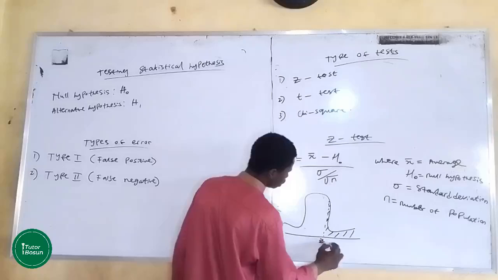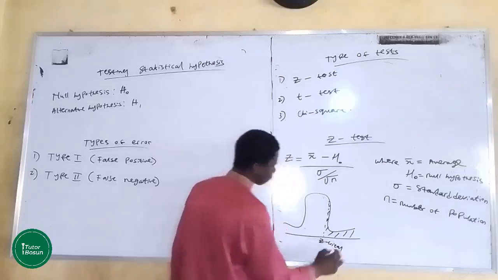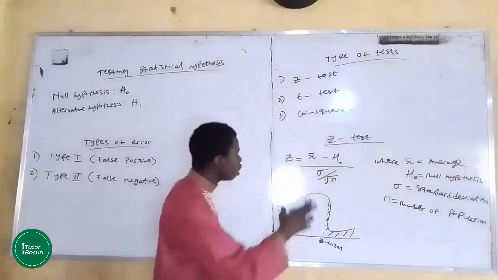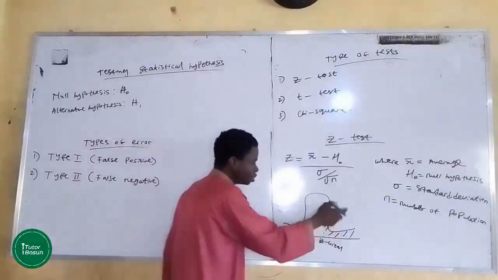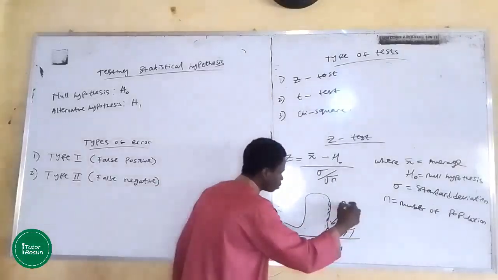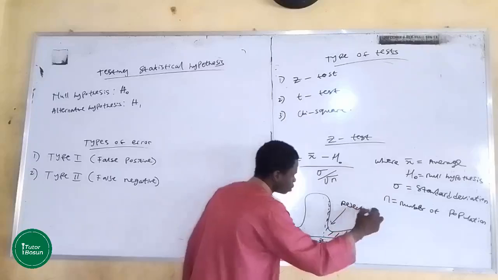If your calculated value of z falls within this critical region, then you reject the null hypothesis.